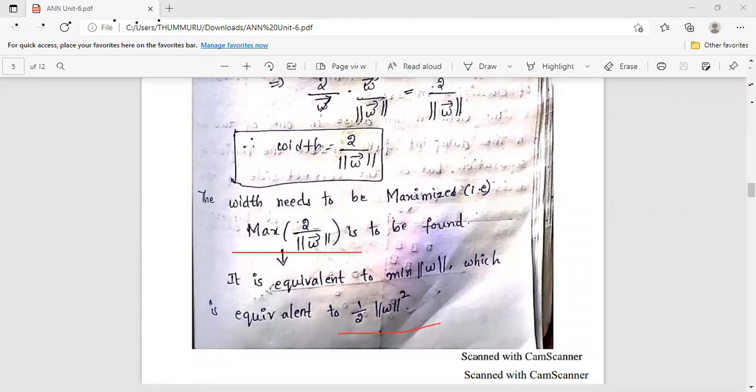This is the width which we have calculated.